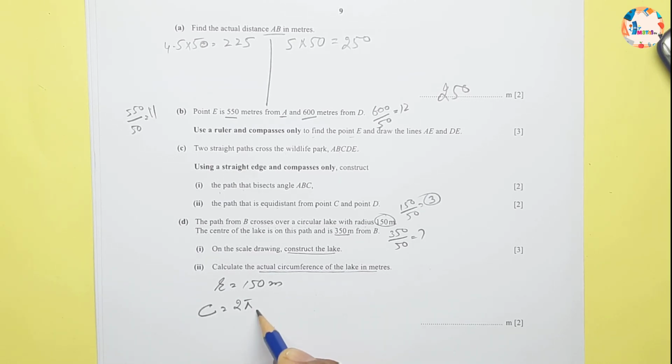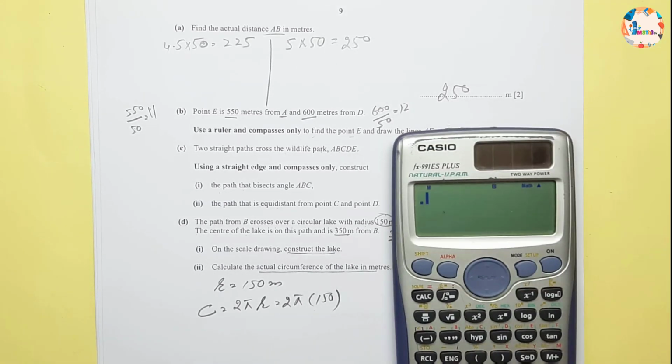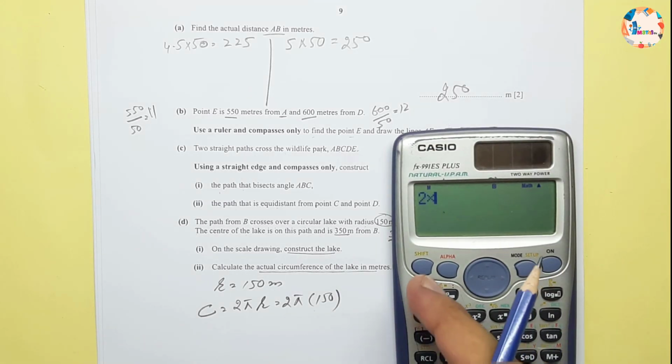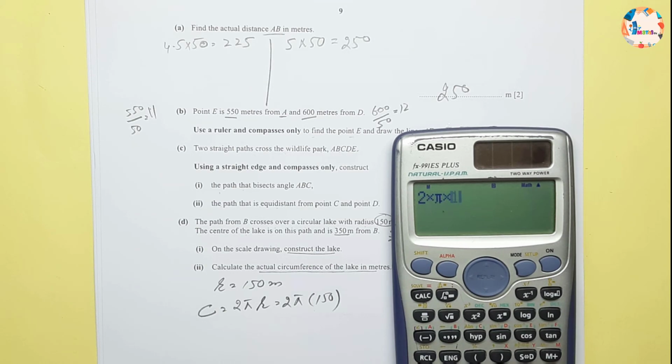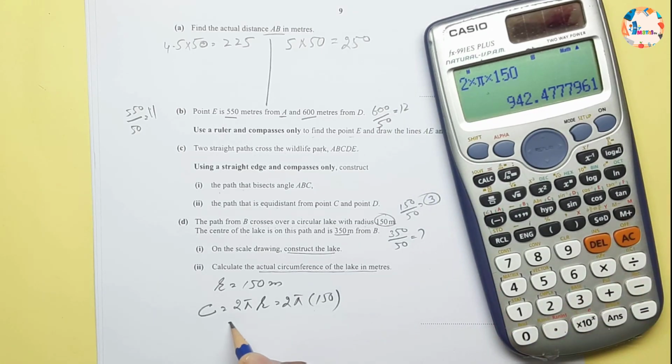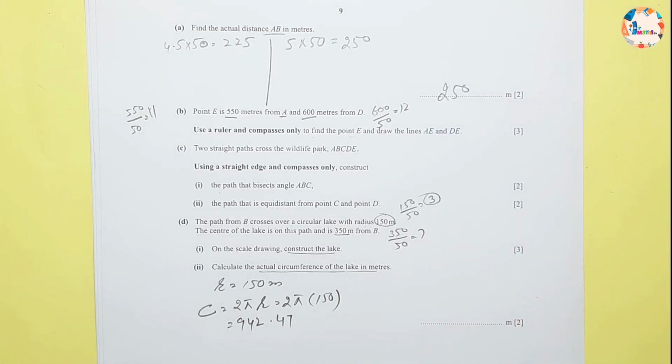So 2 pi into 150 will be equal to 942.47, or we can write the answer as 942.